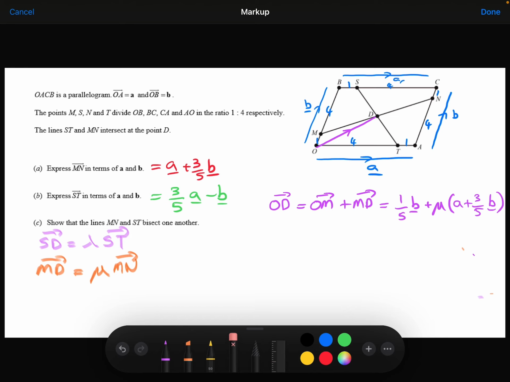I could also say that O to D could be the same as O to B plus B to S plus S to D, which I know will involve the other fact that I was trying to show.